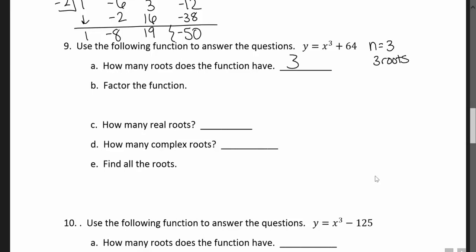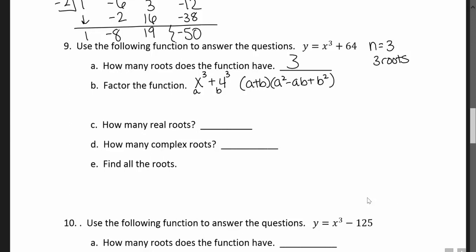Now factoring the function. I need to recognize that this is a sum of cubes. 64 is 4 cubed, so your a is x, and your b is 4. A sum of cubes is a plus b, a squared minus ab plus b squared.